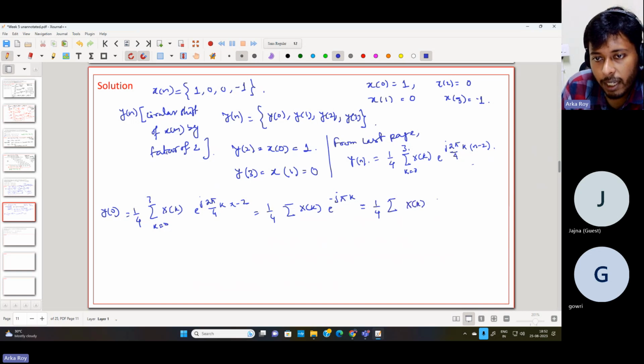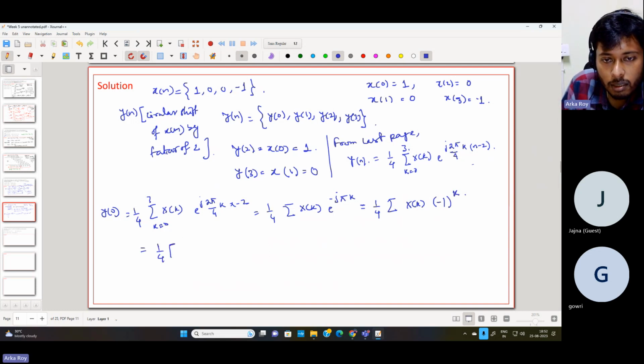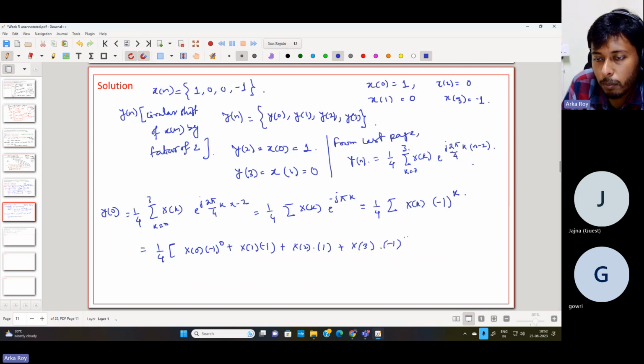So it will be x[k], and e to the power minus j pi is basically cos pi, and sin pi is equal to 0. So I can omit that sine term, and cos pi is equal to minus 1. So I can write it as minus 1 to the power k. So I can further simplify it as x0 times minus 1 to the power 0, then x[1] multiplied by minus 1, then x[2] multiplied by 1, and then x[3] multiplied by minus 1.